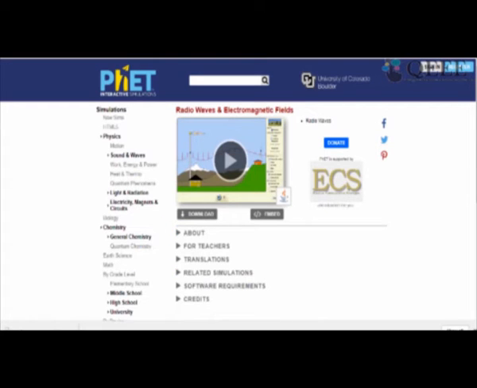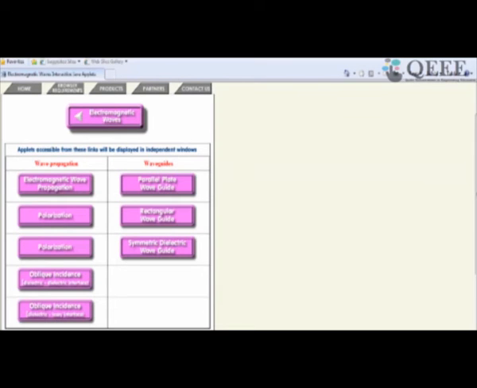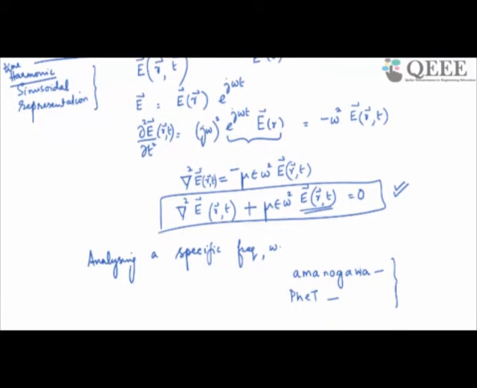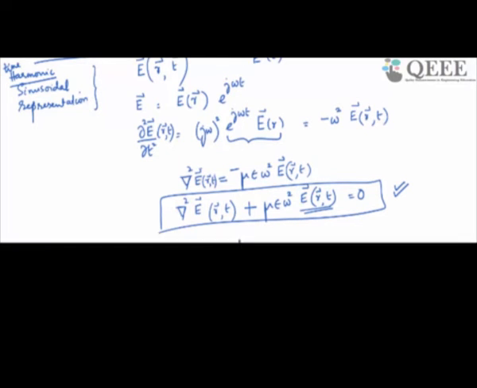So one of the websites is PHET and the other one is this one, Amanogawa. This is from the University of Colorado. These are the websites. Okay, so let's get back to that.